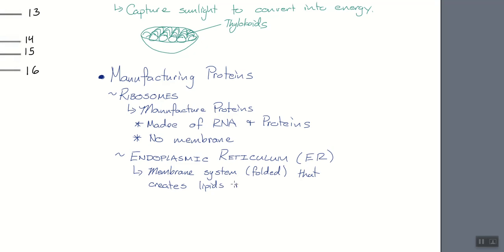Good. Now, we need lipids, right? Because we have that plasma membrane that's literally made of lipids. So if any of them go bad, they're going to make more in the endoplasmic reticulum. Okay, lipids and proteins. Now, I don't love this statement because we just said a second ago, what actually makes proteins? Ribosomes.